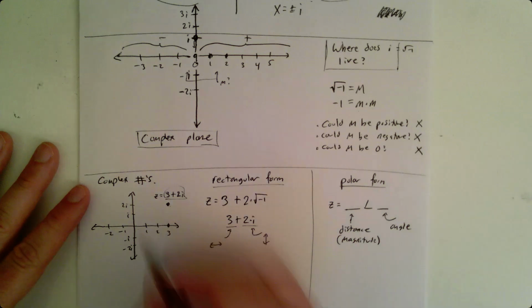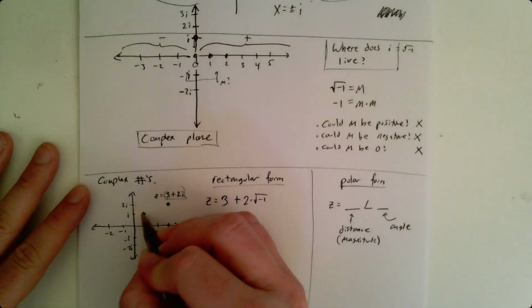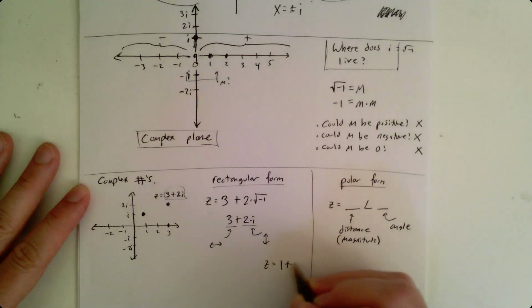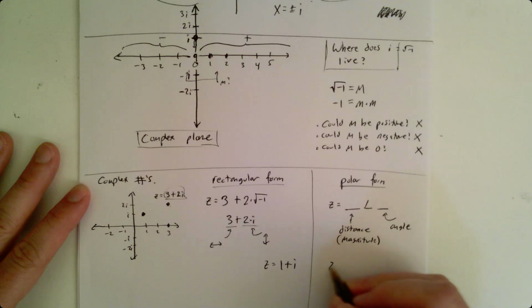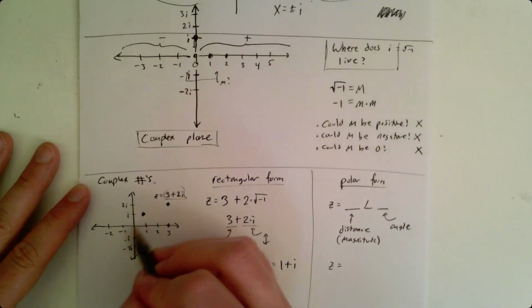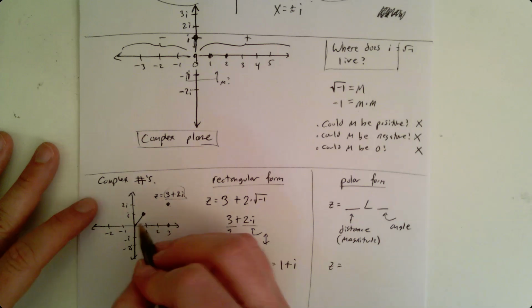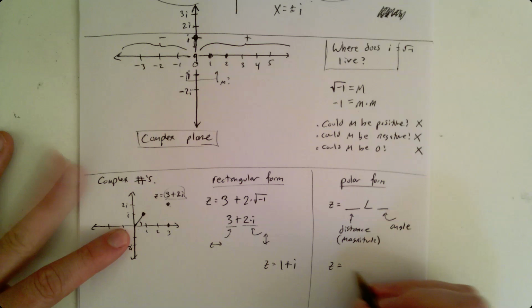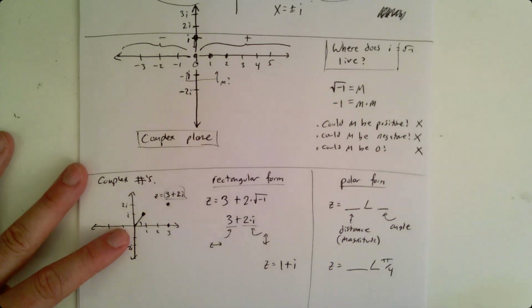So for example, if I had this point right here, in rectangular form, that would be 1 plus i. In polar form, that exact same point, I would describe as that distance, its distance from the origin, and the angle. Well, the angle is very clearly 45 degrees, or pi over 4 radians.